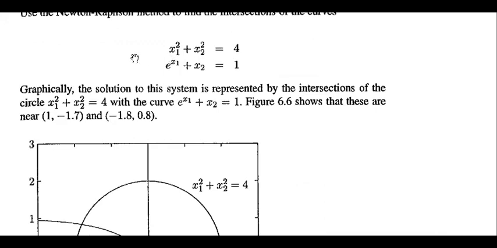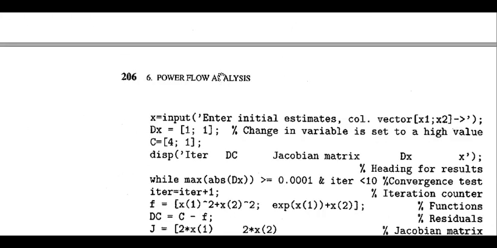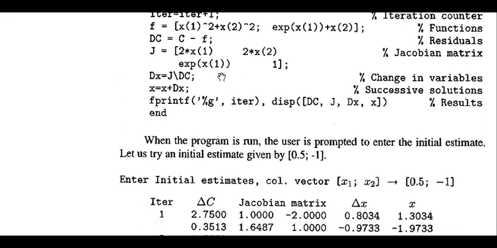C minus f of x0. So apply the same principle to generate the second iteration. In the first iteration, you have got the result 1.3 and -1.97.